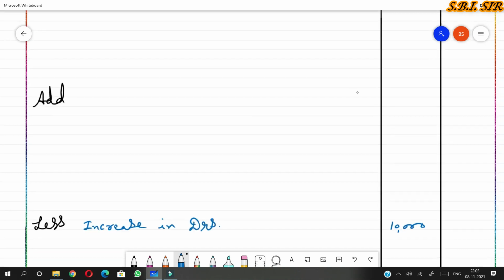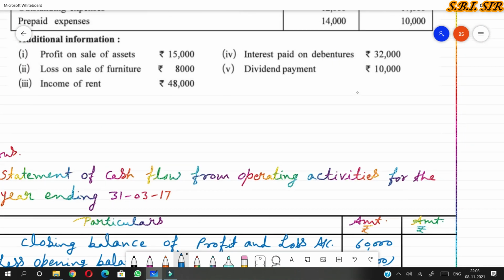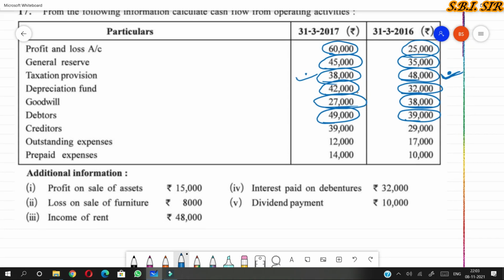Next, creditors. Here the opening balance of creditors is 29,000. The closing balance of creditors is 39,000. Here the creditors value increases.